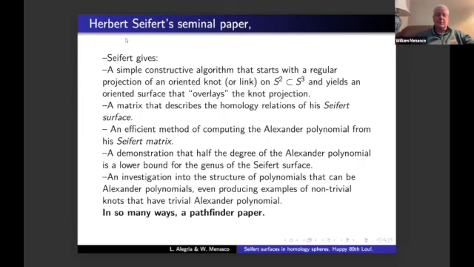In so many ways, a pathfinding paper. You think about the knot theory that has gone on in terms of how we can start doing calculations given a knot projection. This was maybe the first instance of some really deep calculations that can be made.